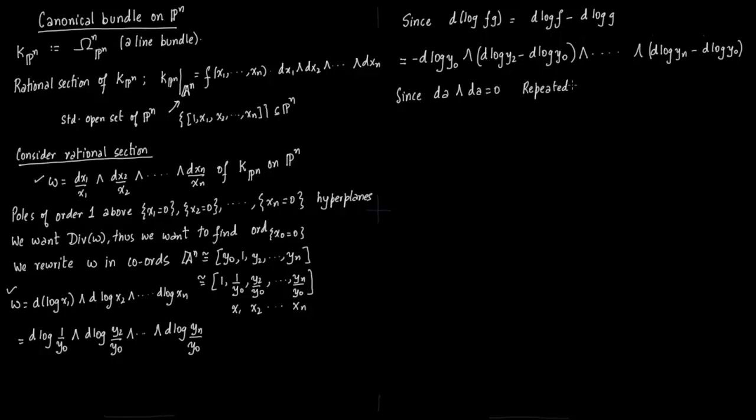Since repeated terms cancel each other in the exterior product, we get minus d log y0 exterior d log y2 all the way to d log yn.